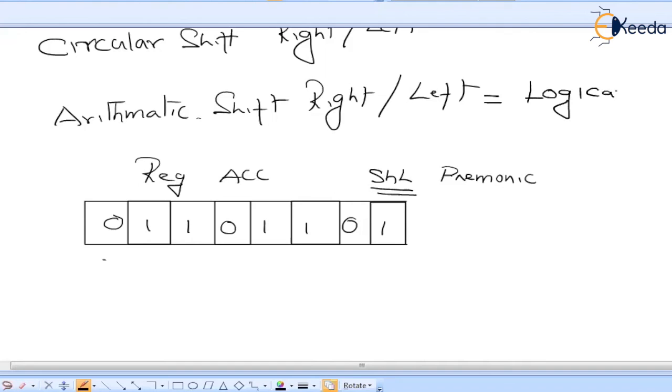The way we perform the shift is exactly equal to the way we perform the logical shift. There is no difference at all. But if there is no difference, why do we have a third category? Initially, we need to understand that while you perform the shift operation, there is no difference between arithmetic shift and logical shift.